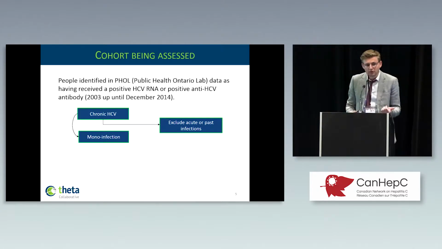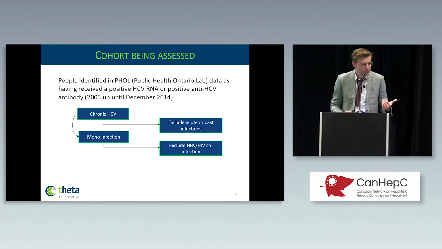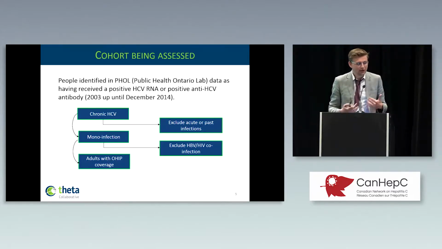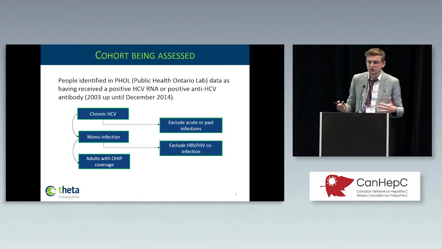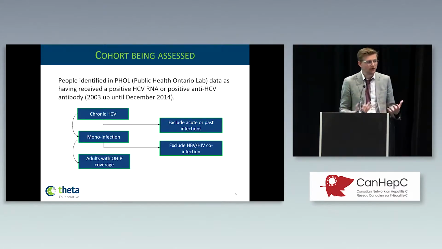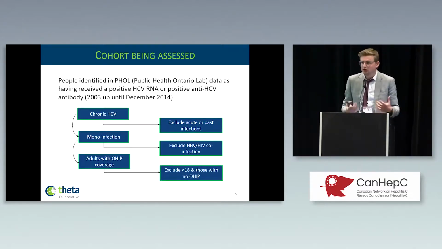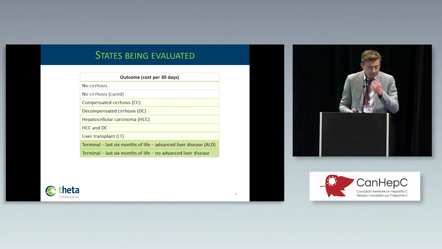We're only looking at monoinfection, so we excluded individuals who had a co-infection of hepatitis B or HIV. And finally, we're only looking at adults with OHIP coverage. For those of you that don't know, OHIP is the Ontario Health Insurance Plan, and if you're not covered by OHIP, we can't track your costs, so we had to exclude these patients for logistical reasons. And by only looking at adults, we're excluding individuals under the age of 18.